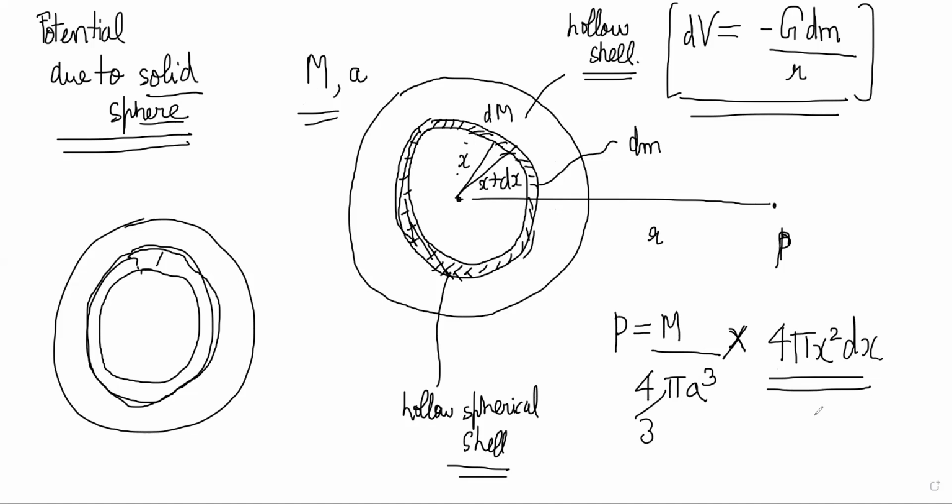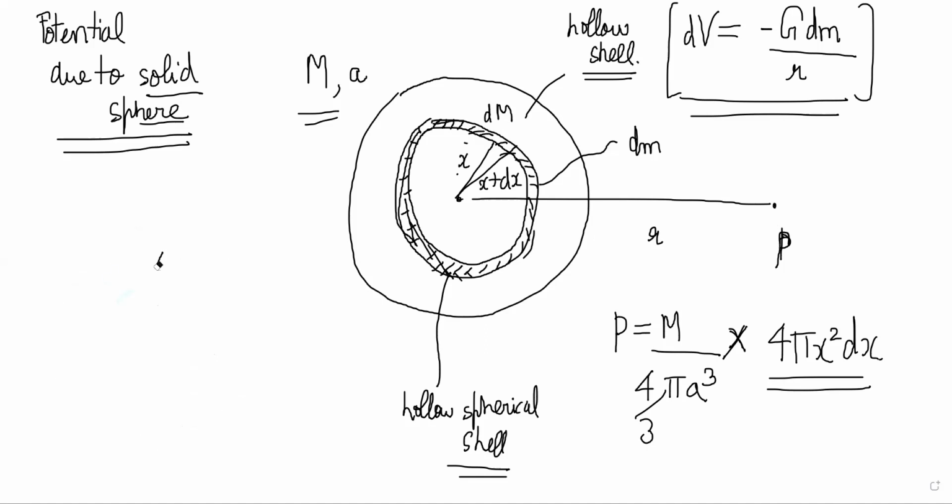This is the volume inside this where the mass is between the two hollow spheres. What volume are you supposed to consider? Wherever is the mass dm, that volume.